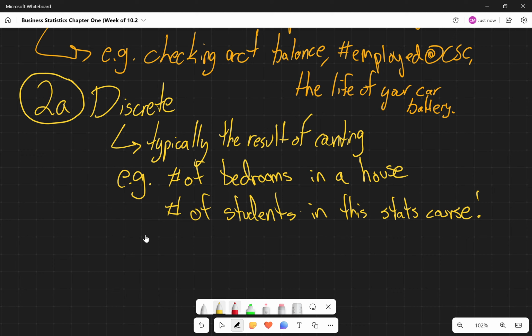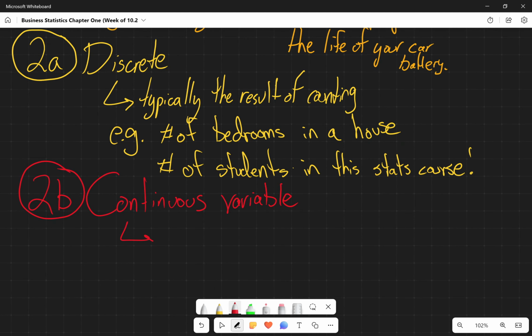The second type of variable is the variable that we are used to seeing. That is our continuous variable. These are usually the result of measuring something.